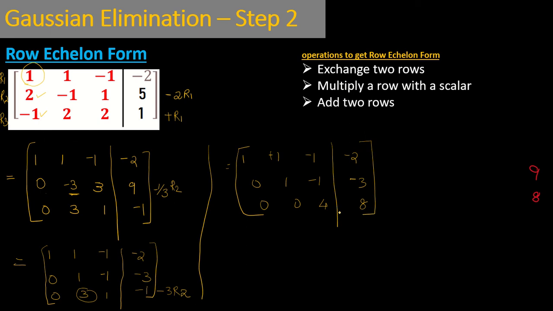And now we have to go to the third row where we have to make this 4 as 1. What to do? We can multiply it with 1 by 4.